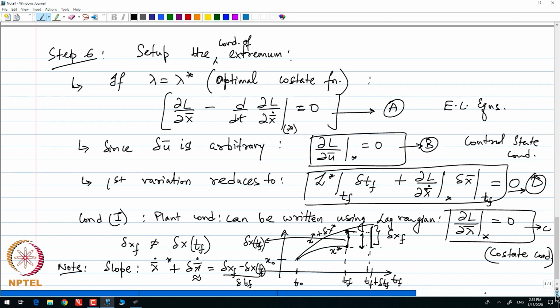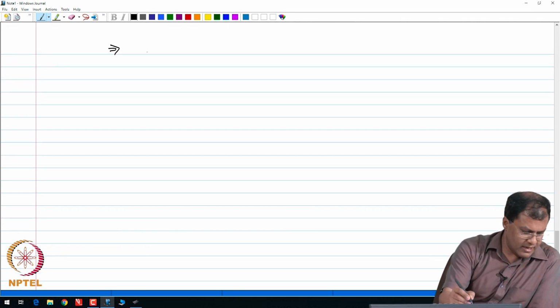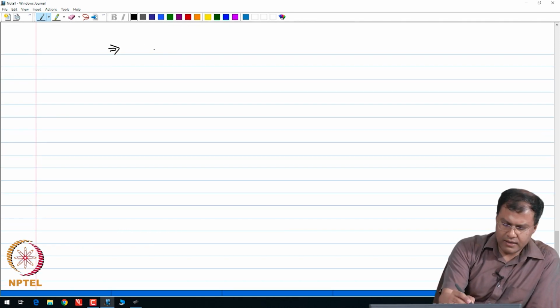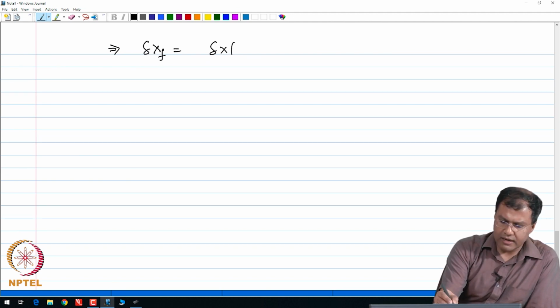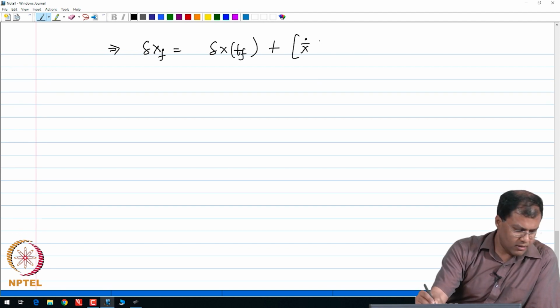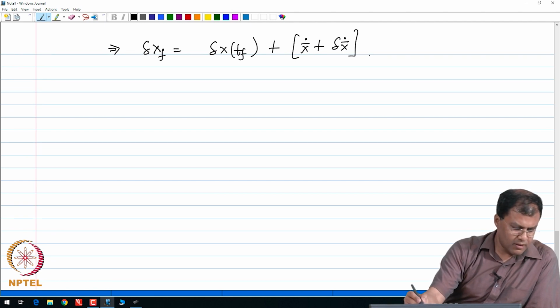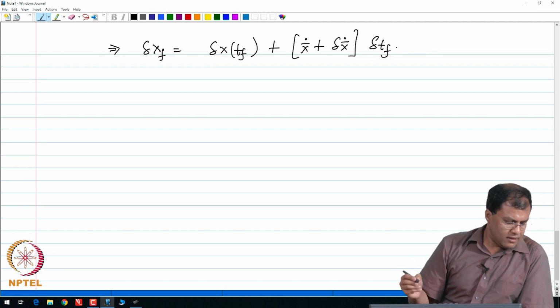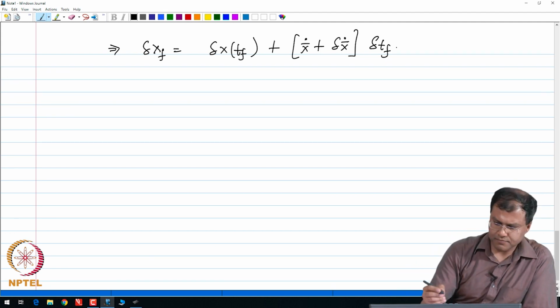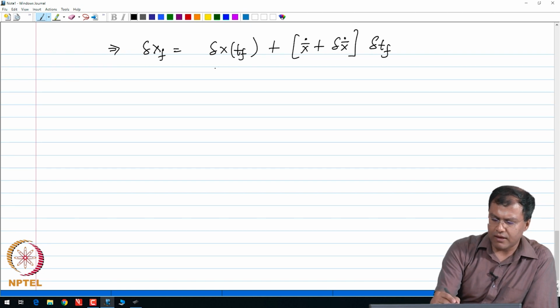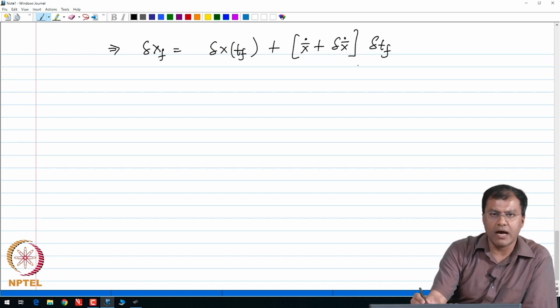So, we can rewrite, it implies that my delta x f is delta x at T f plus x bar dot plus delta x bar dot times delta T f, and notice that we are now going to throw away some higher order terms, especially the delta square term.